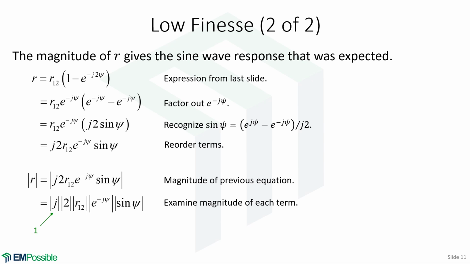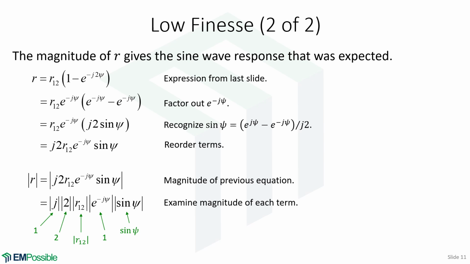Well, the magnitude of j is just 1. The magnitude of 2 is just 2. The magnitude of R12, we can't do anything with that. We just have to keep writing it as magnitude R12. The magnitude of that complex exponential, that's 1. And the magnitude of sine phi is just written as sine phi.